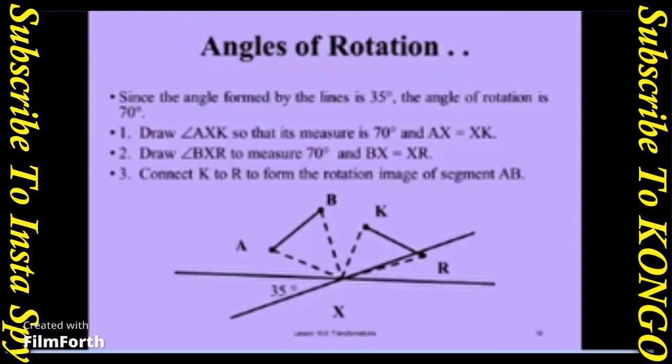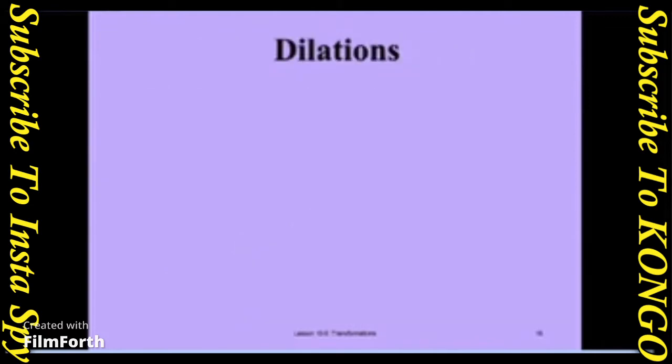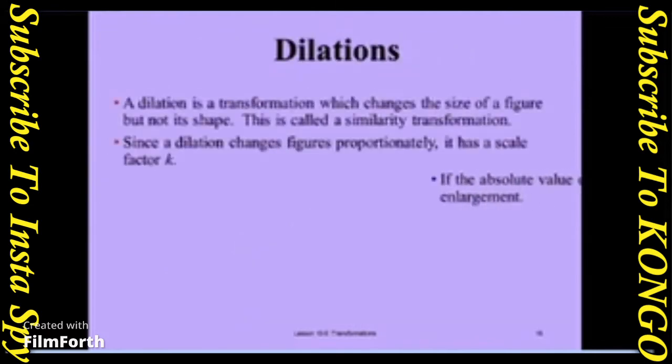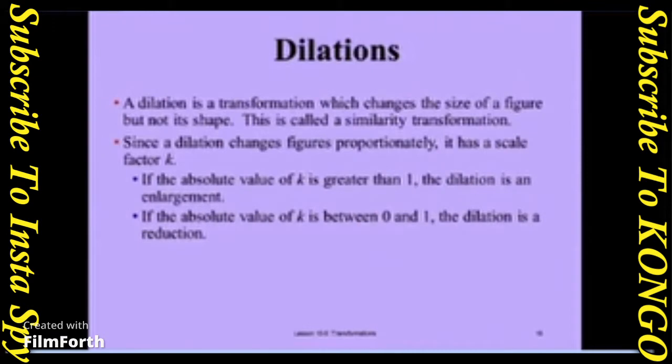Measure. First, you have to look where the object point is and where the image point is, so that you can know how much the object turns. Okay. Dilation, same thing we call enlargement.